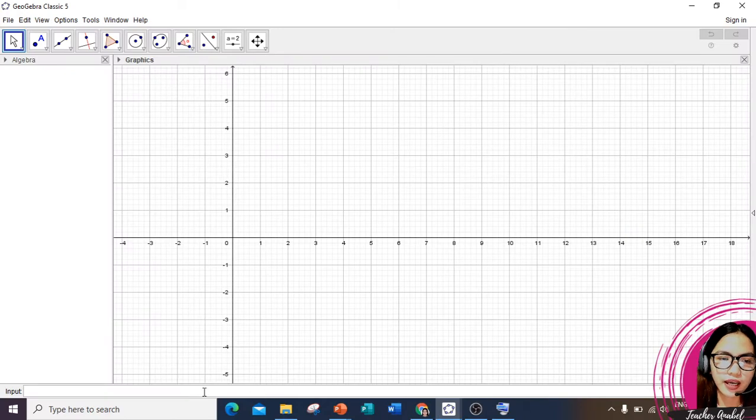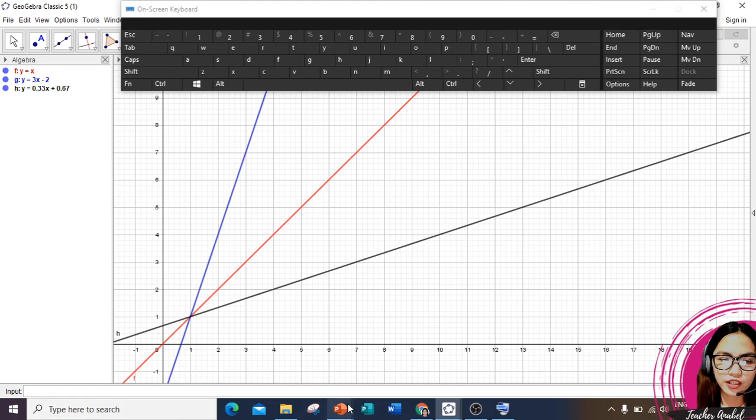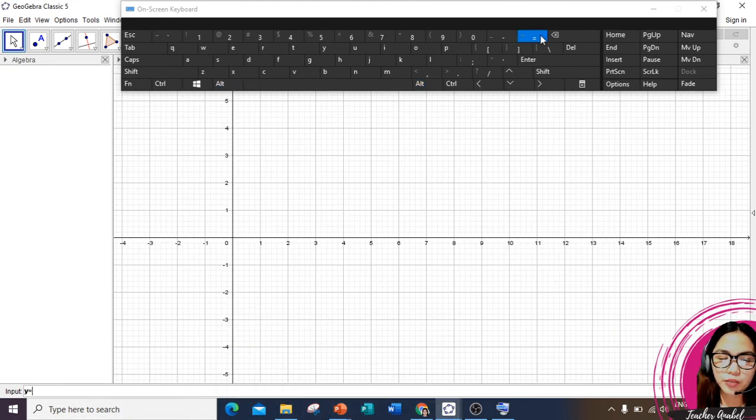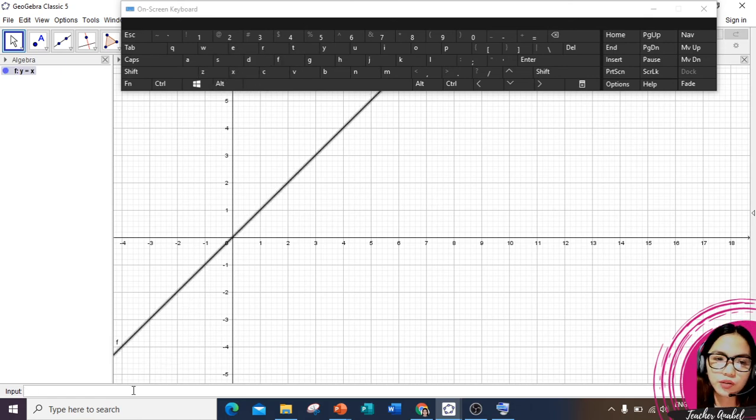So, again, lagay natin yung y equals x, sorry ha, kasi yung aking screen dahil wala akong keyboard. Yan. So, tingnan natin pag yung kulay ng reference natin. So, the first function is y equals square root natin, diba? Yung square root pwede natin ilagay yung raised to fractional exponent para mas madali.